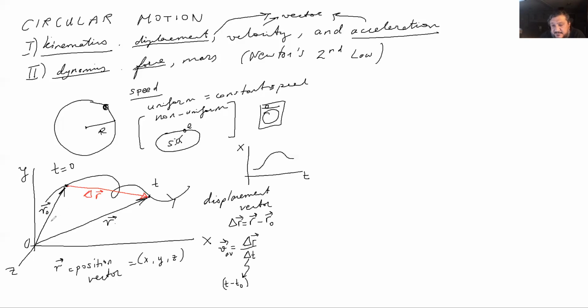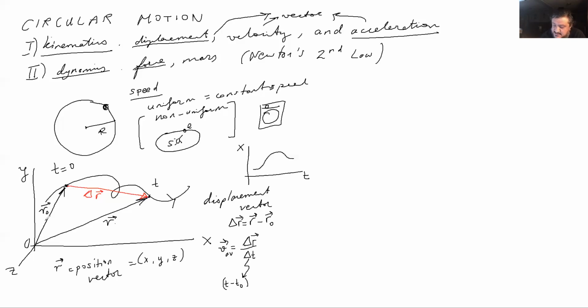If I add R0 to delta R, using the tail to tip rule of adding vectors graphically, from the tail of the first vector to the tip of the second vector, which is delta R in this case.